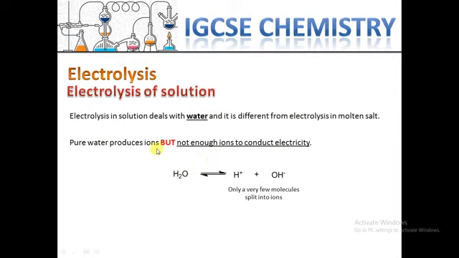The water can produce positive and negative ions, but it is not the same as molten salt. Molten salt is completely separated, but water is not. Just a few water molecules in solution can be separated, not all the molecules. So that's why water is not very good at conducting electricity in this case.